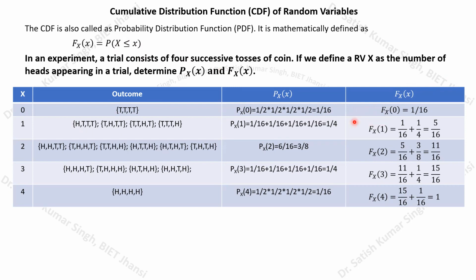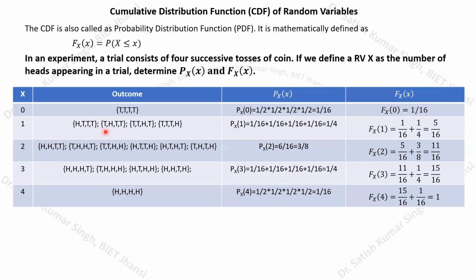It cannot be -1, it cannot be -2, not even -0.001, because the number of heads appearing in the toss cannot be below 0. But because it includes equal to, when X is equal to 0, that probability will be 1 by 16. So here I have denoted it by 1 by 16.